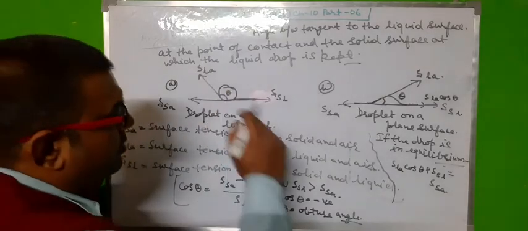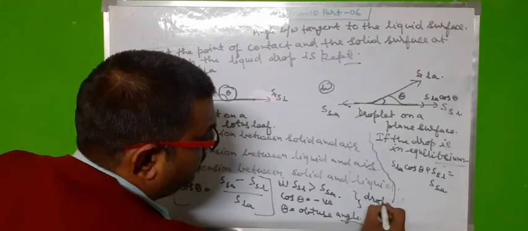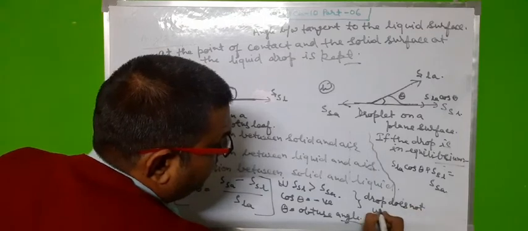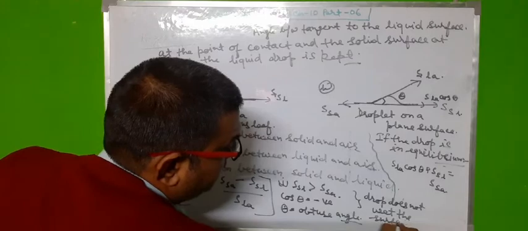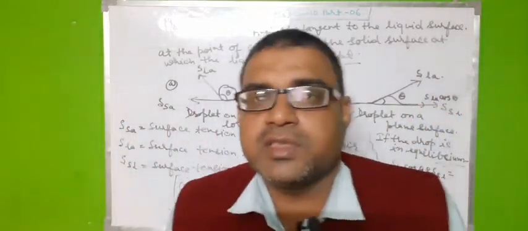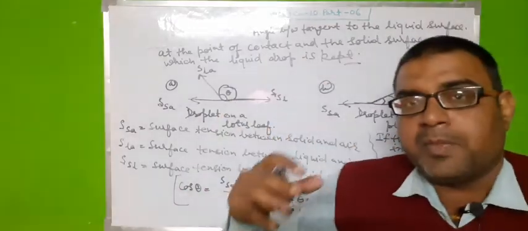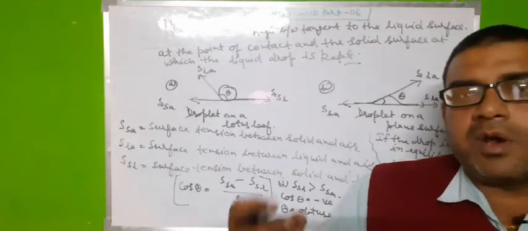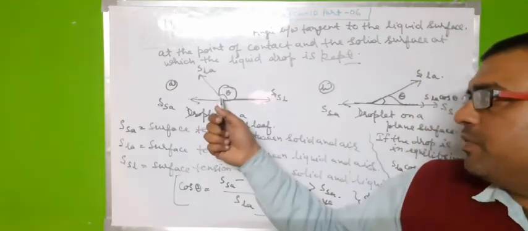And this drop does not wet the surface. Why does the drop not wet the surface? Because the molecules of the drop have more intermolecular force as compared to the force with the solid.